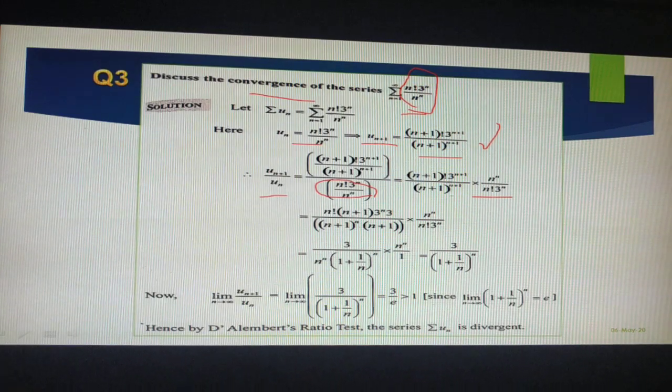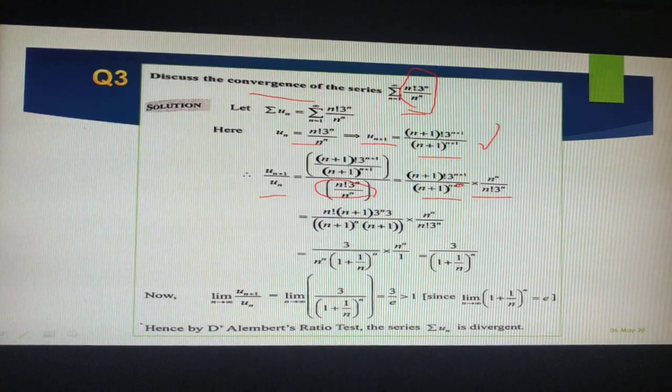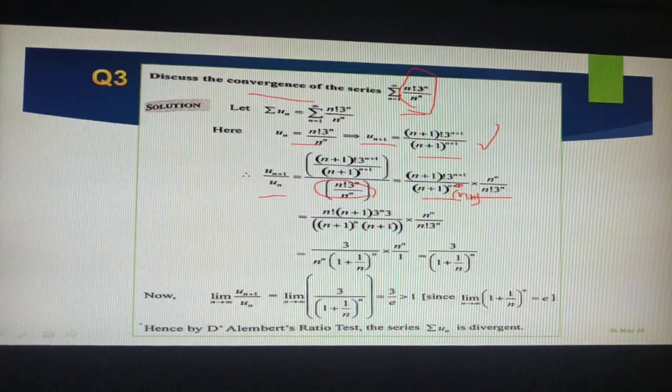So here I am doing the same thing, because by checking here, this is your n power n. So to get n power n here in the denominator, I am writing (n+1) whole to the power of n, and this plus 1 I am writing as n plus 1 in the base, so (n+1) whole to the power of n into (n+1). In that case, (n+1) factorial I can write as n factorial into (n+1).